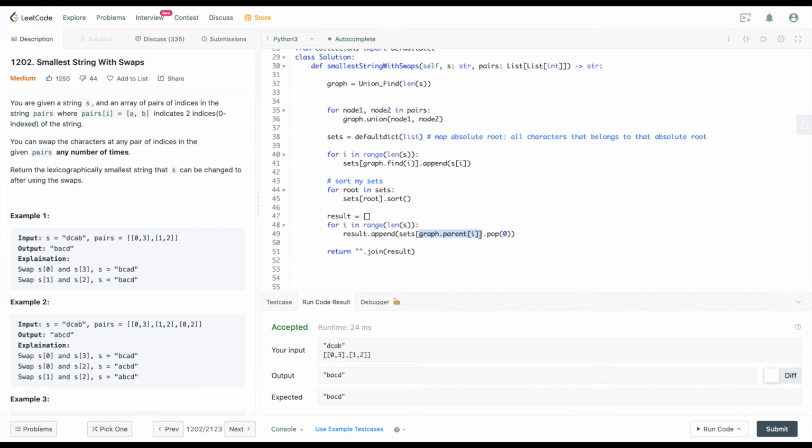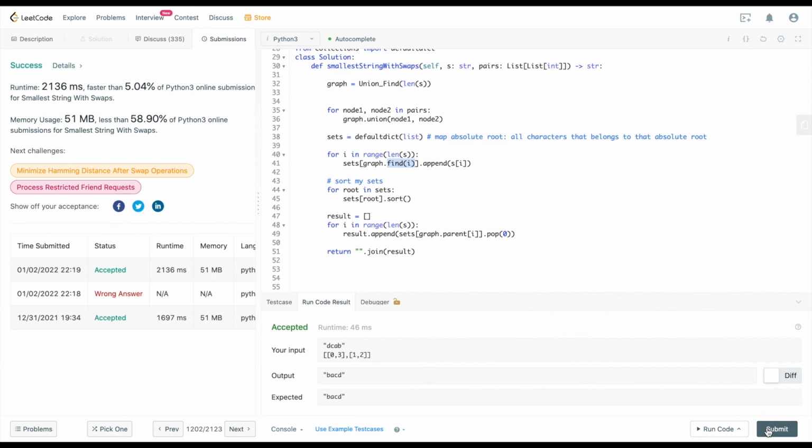So basically, for i in range length of n, we find the absolute root by looking for graph.parent[i] for that node, and then we look for the character that maps to that root in sets, which is already alphabetically ordered. We pop the first one, which will give us the most alphabetically ordered one, and then append it to our results.